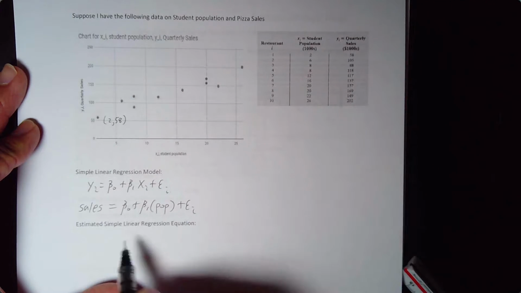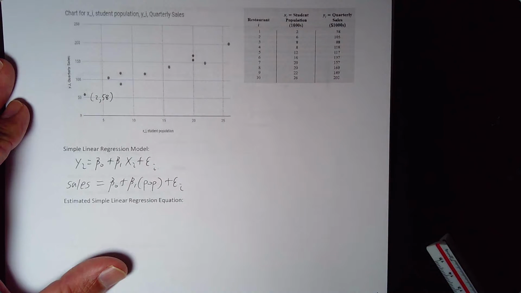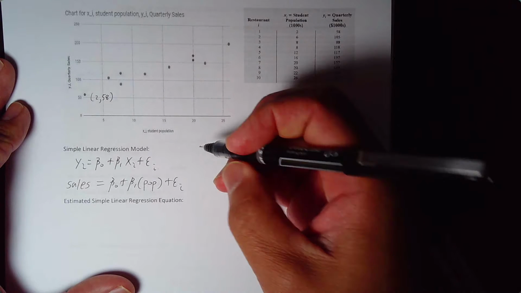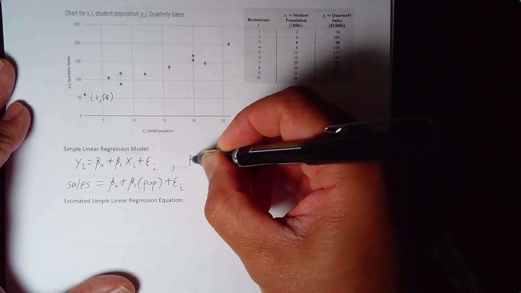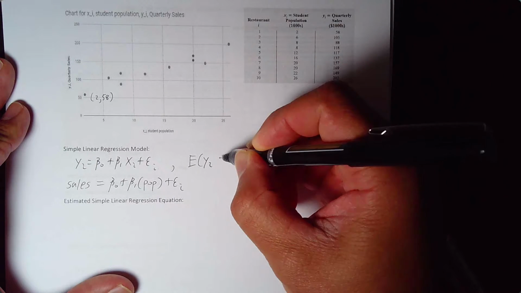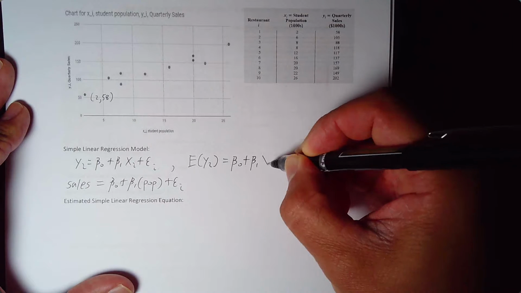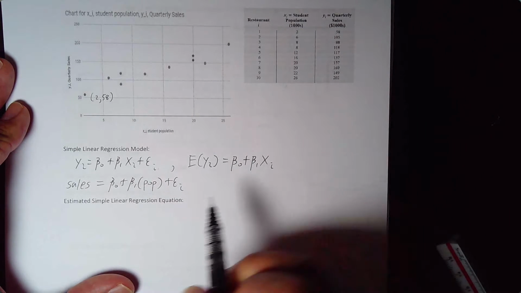So sales can be written as a function of the population. Now, our regression equation then is the expected value of y_i equals beta 0 plus beta 1 x_i.